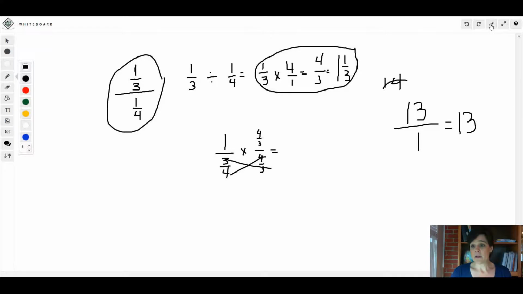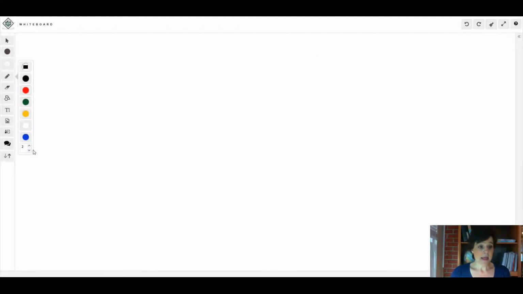Let me clear this out, and let me go back over here to letter C. So this was 1 1/7 times 4/5. Okay, this is already multiplication. Now, first thing you need to remember is anytime in multiplication or division that you have a mixed number, you need to change that into an improper fraction.